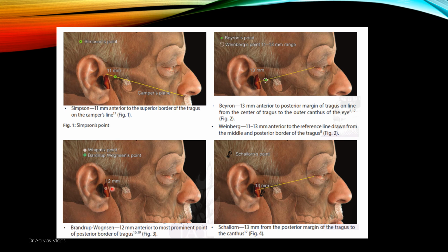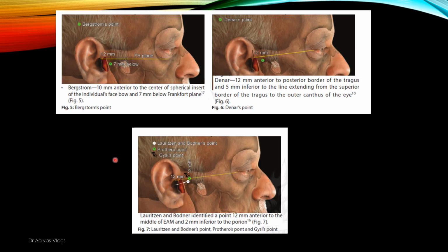It is 12 mm anterior to the most prominent point of posterior border of tragus. And this is Whitmake's point. Then Shallon's point, it is 13 mm from the posterior margin of tragus to the canthus. Bergstrom already discussed. Dinar already discussed.